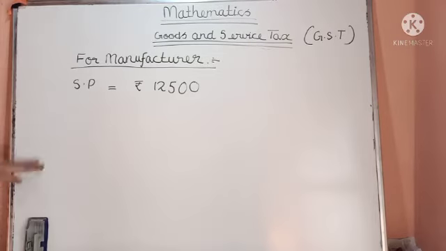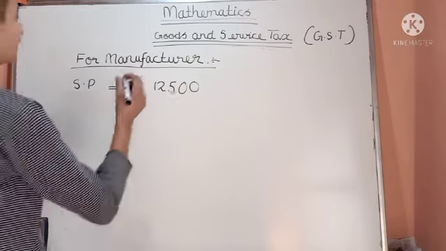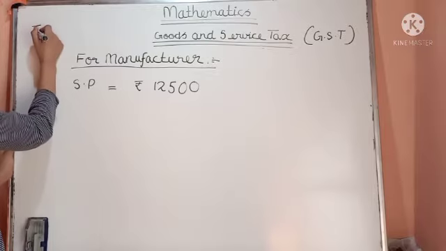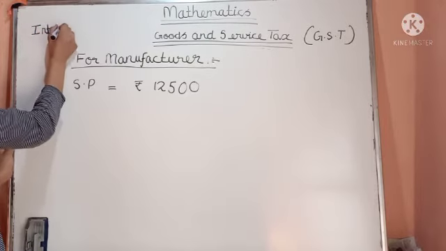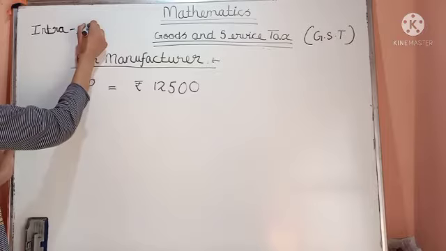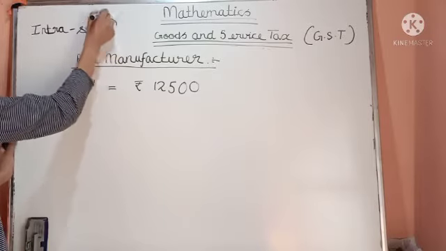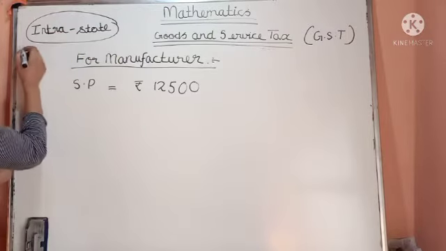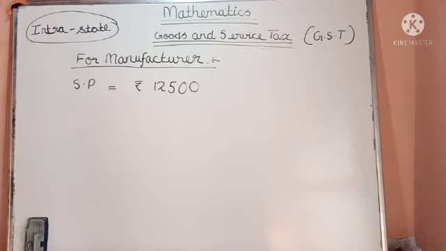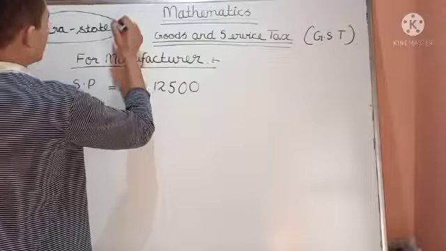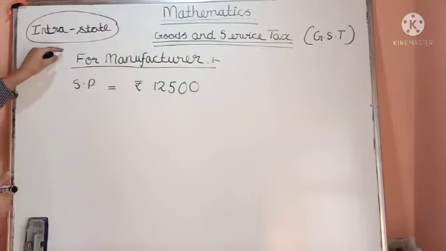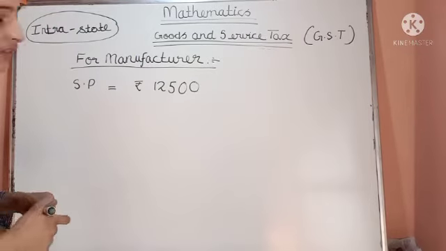Then you have to see whether it is an interstate sale or intrastate sale. Here the sale is intrastate. Then you have to see how much tax there is. GST is 12%. The GST and whether the sale is interstate or intrastate will be given in the question.